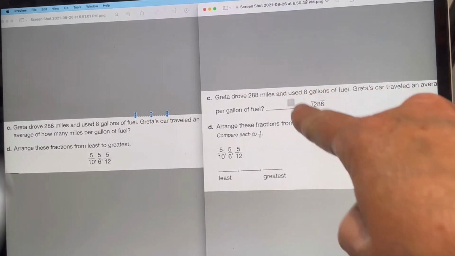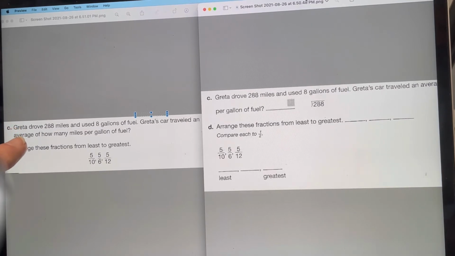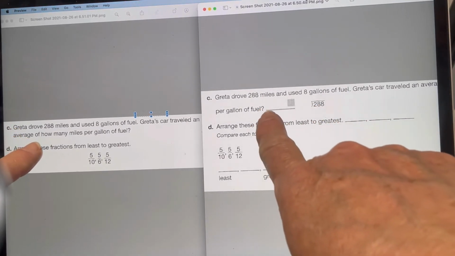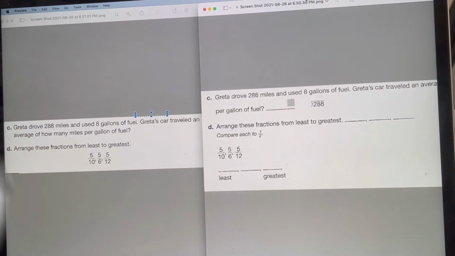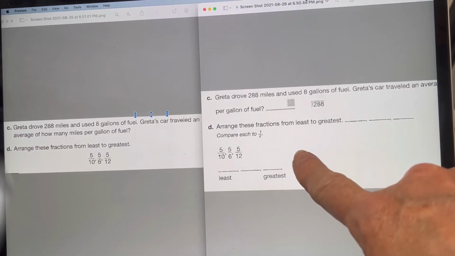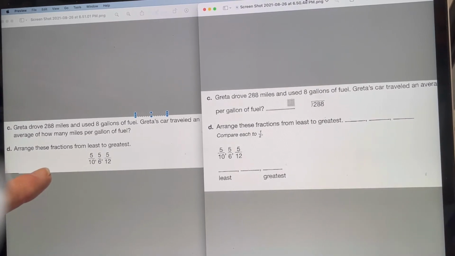You can take this part off so that you can look at your problem and then do your workbook page that goes with it. You don't have to keep them stapled together. This is the part that you have to turn into me. I don't have to have this back. This is the part of the packet that you can leave at home for reference if you want to.